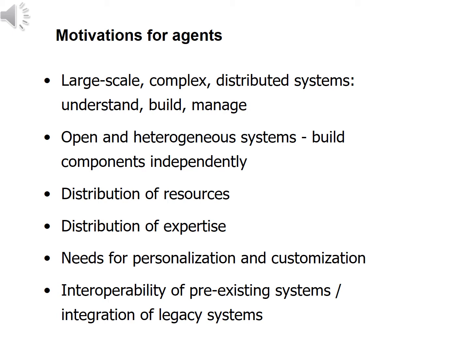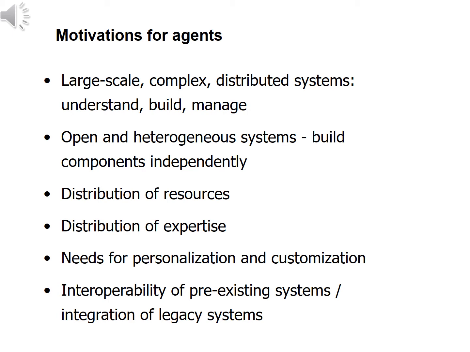Then these are usually open and heterogeneous systems that are built independently. Open systems are systems where the users can enter and leave the system at their own will. And heterogeneous systems means that there are different kinds of users or different kinds of components that construct these systems.